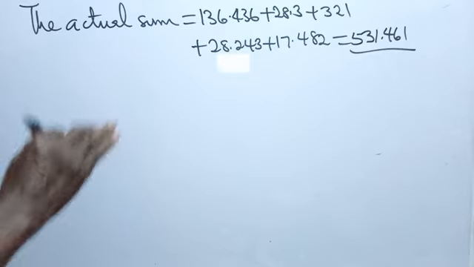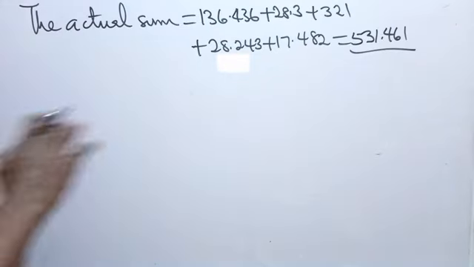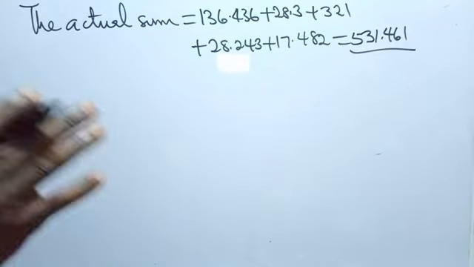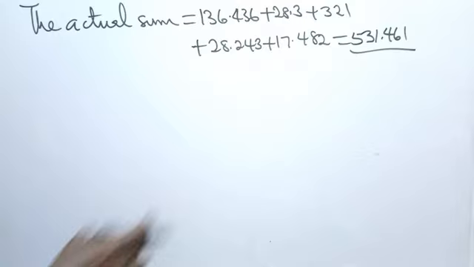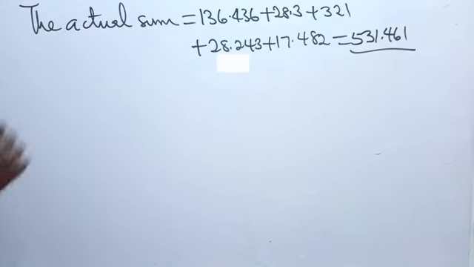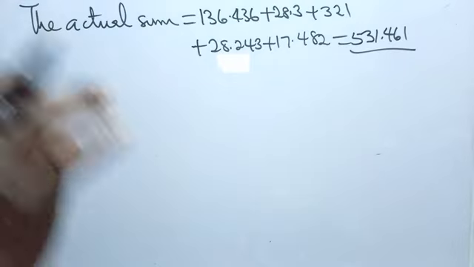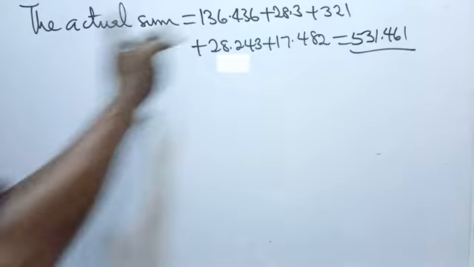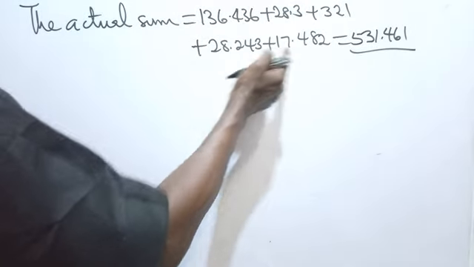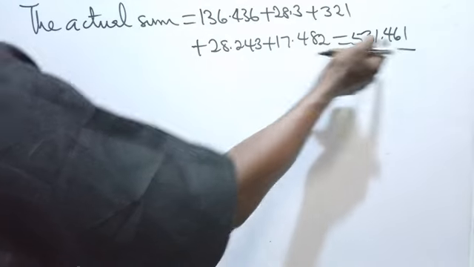Before we can get the error of the actual data, let's look at the number that has the least decimal place. The number with the least decimal place here is 321. It has no decimal. So since 321 has no decimal, we pick it as a case study. It gives us a reference data. The others have more decimal places.